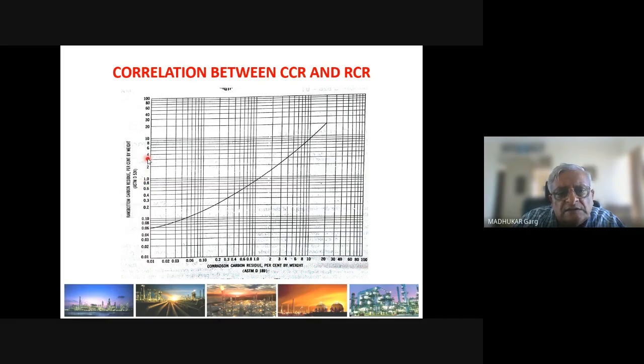We get the RCR done, and then from this graph we see what the corresponding CCR will be. As you can see, both of them are equal at 20. So at roughly 20% RCR, it is equal to 20% CCR. But below that, the values are quite different. The RCR values are generally lower as compared to the CCR values.